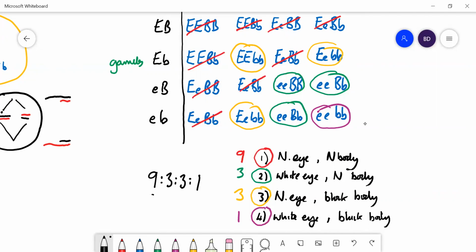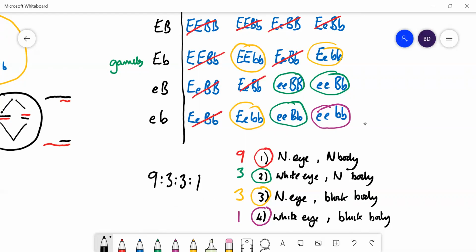So 9/16 of 250, whatever that would be, you'd expect to be normal. 3/16 of 250 would have white eyes but a normal body. 3/16 normal eyes but a black body, and then 1 in 16 you would expect with the double mutation. That would be the ratio that you'd expect: 9 to 3 to 3 to 1.